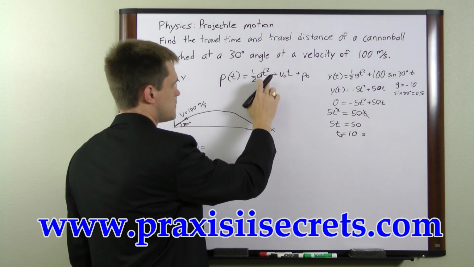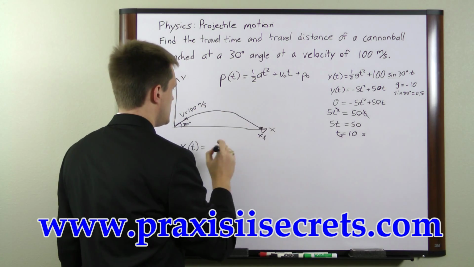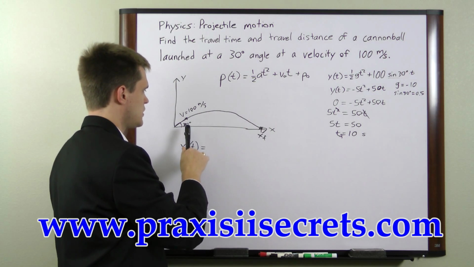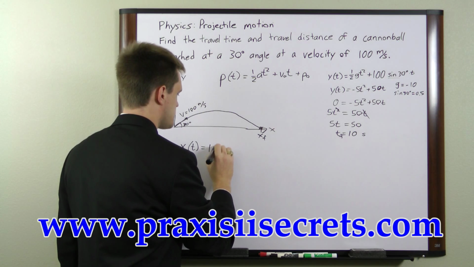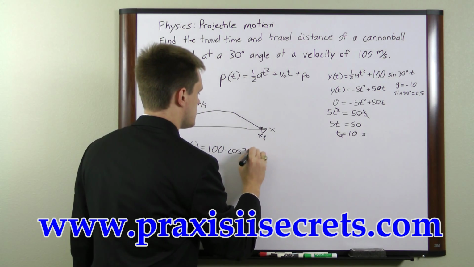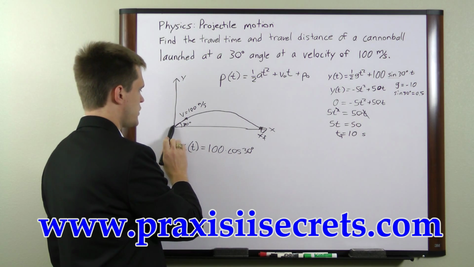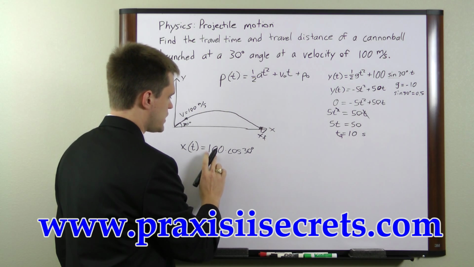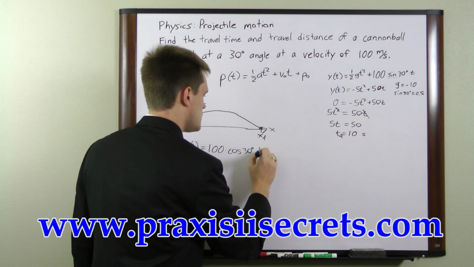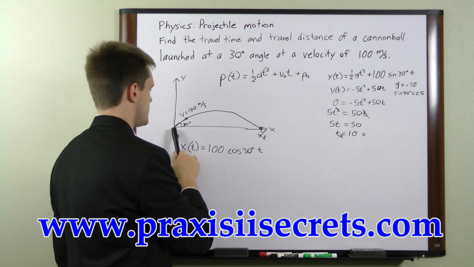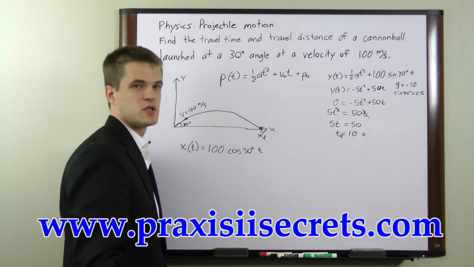So we can ignore this term. It's going to be our initial velocity in the x direction, which is going to be 100 meters per second times the cosine of 30 degrees, because our vertical component was the sine, our horizontal component is going to be the cosine. So 100 times the cosine of 30 times t, and the initial position is 0. So this is our equation of motion in the x direction.